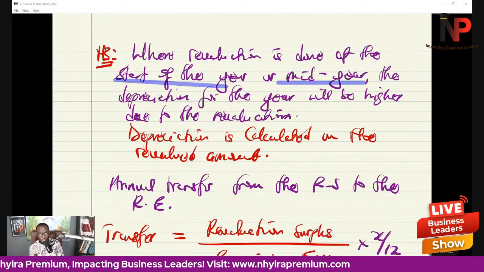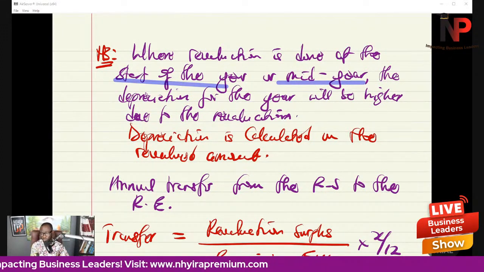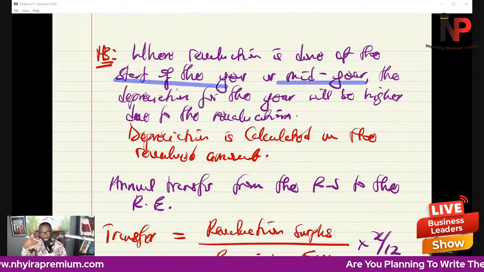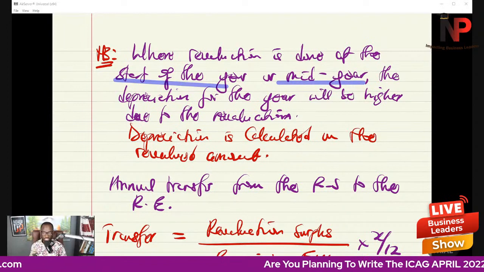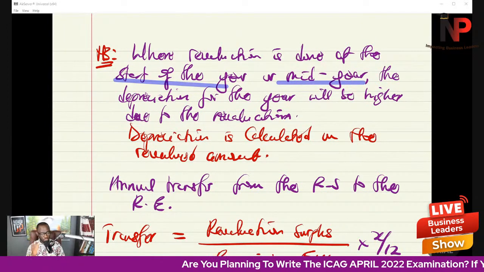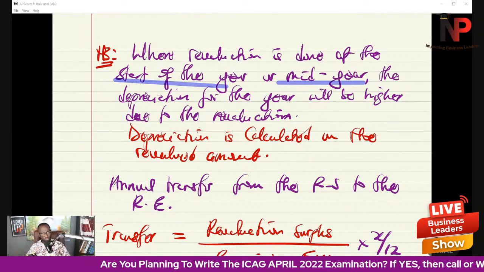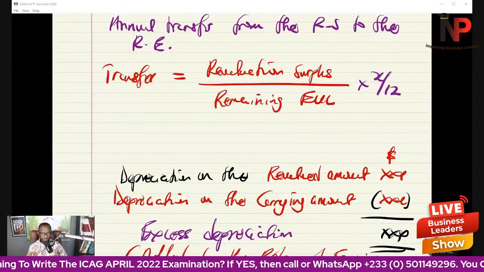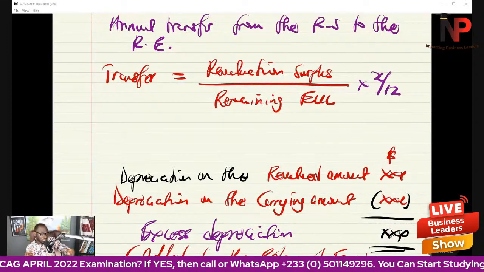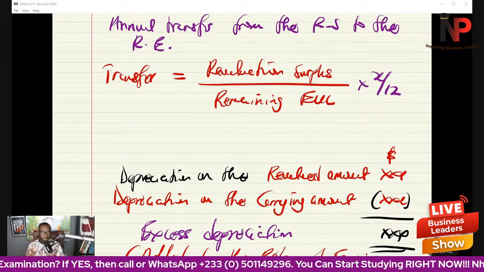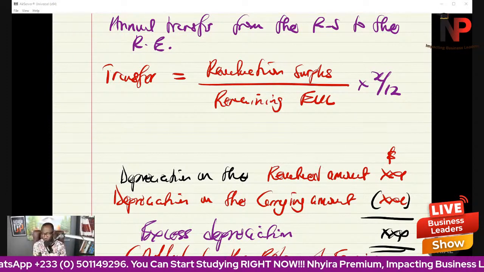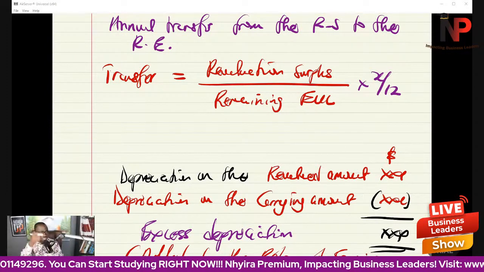When we calculate depreciation on the revalued amount, what is going to happen is that we will charge more depreciation than we should have charged based on the carrying amount of the asset. So what is going to be happening is that we must compensate the shareholders for the excess depreciation arising from the revaluation of the asset and for the reduction in the profit due to the excess depreciation.